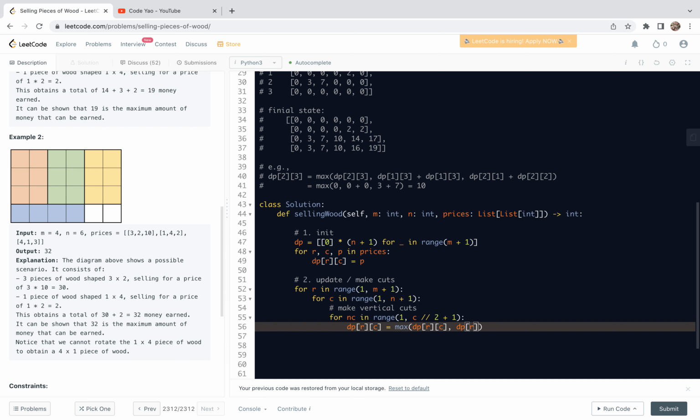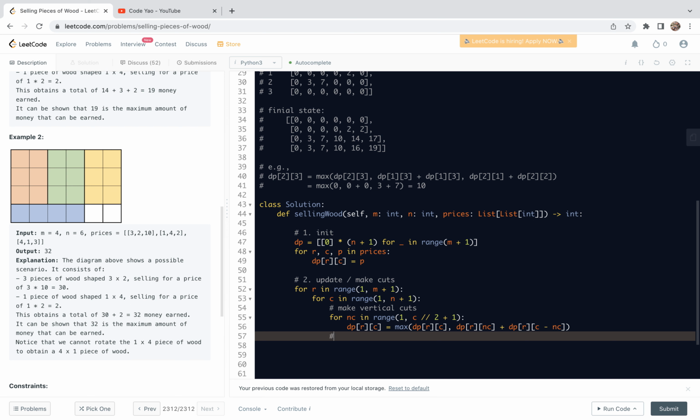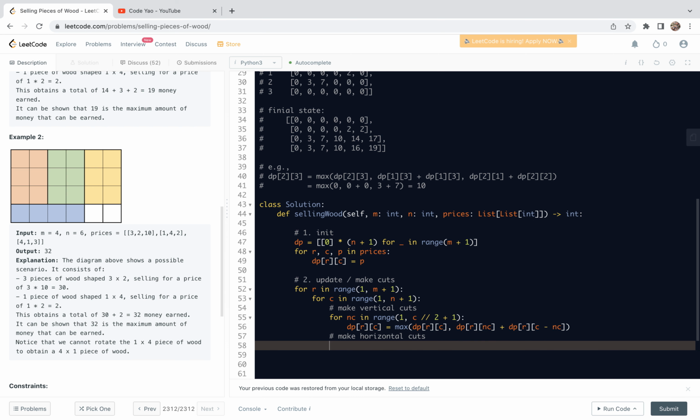We update this by the following: the maximal of the previous state, then the sum of the new smaller pieces, dp[r][nc] plus dp[r][c minus nc]. The second factor here corresponds to cutting the r by c wood into r by nc plus r by c minus nc pieces, right?